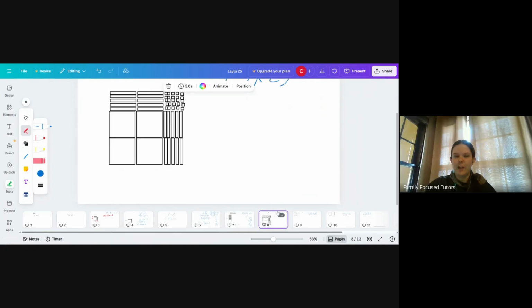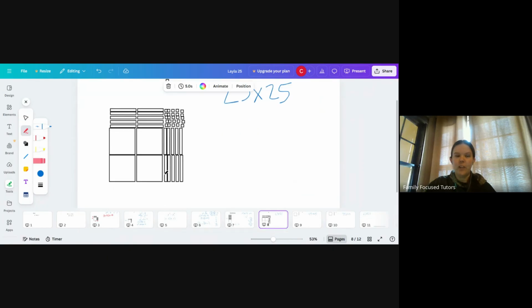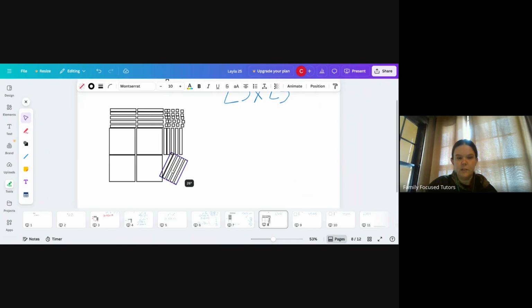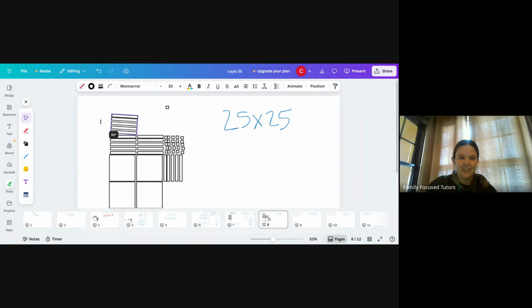Let's look at another example. Okay, so 25 times 25. So we have 25: 10, 20, 1, 2, 3, 4, 5, 10, 20, 1, 2, 3, 4, 5. And then we have this block of 25 to make it a square. So what we can do is move these up here, or you could move those down, either way.